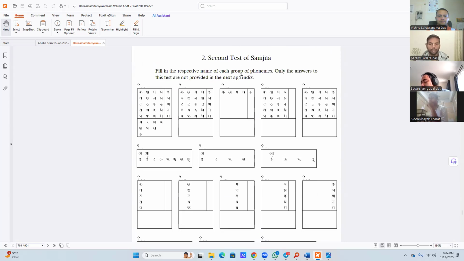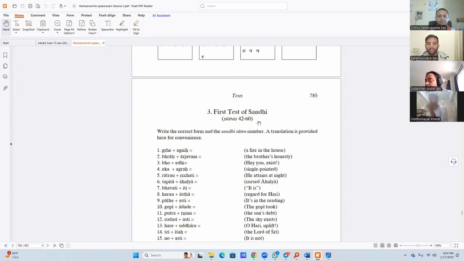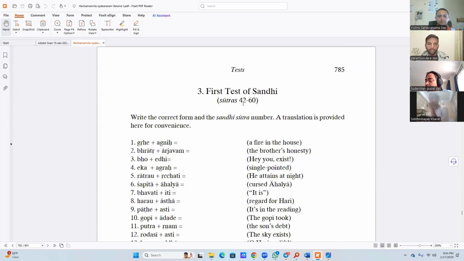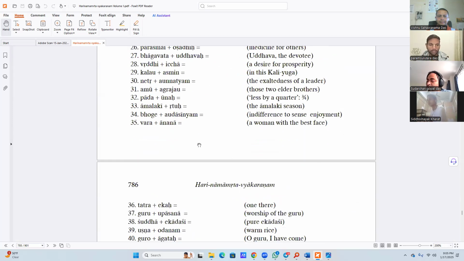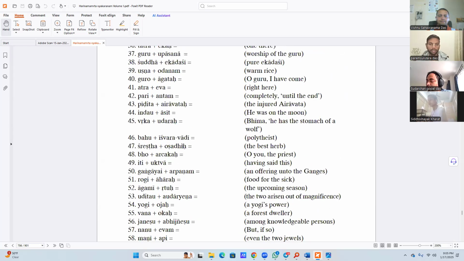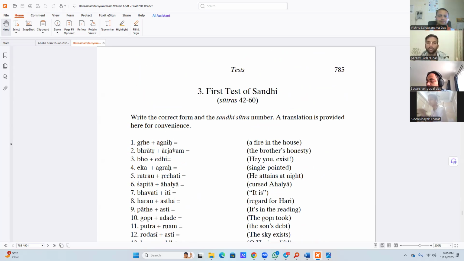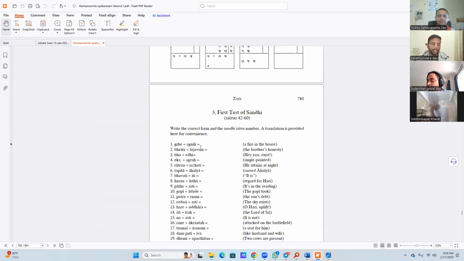Then a second test of sangya, where they have given groups and you have to name them. Then the first test of sandhi, for the sarveshwara sandhis we have done this week, sutra 42 to 60. Some 74 sandhis they have given. Please do these three exercises, two for sangyas and one for sandhi, on your own, and we'll discuss them in the next class. Also, you can practice in the sandhi app.